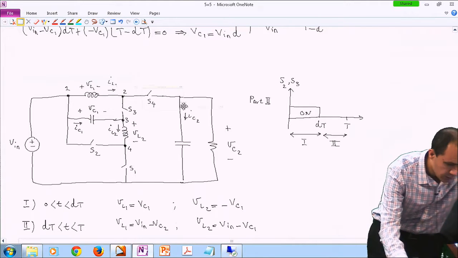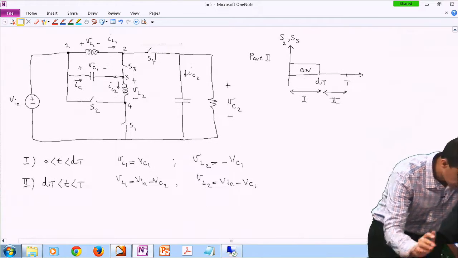Okay, so again, under steady state conditions, these average values should be 0.